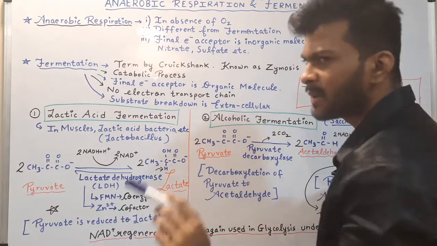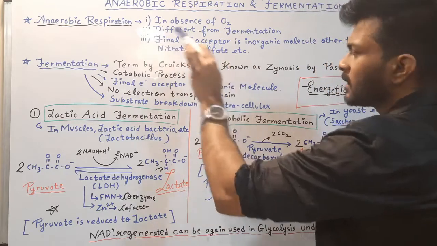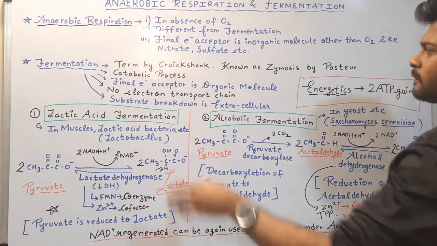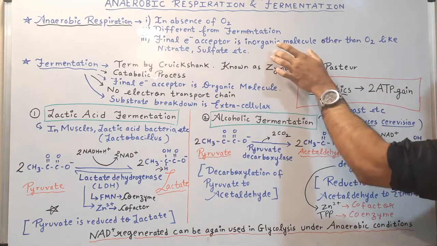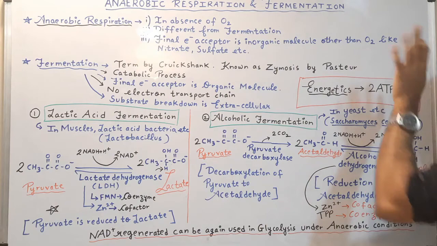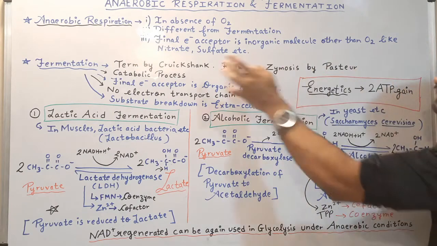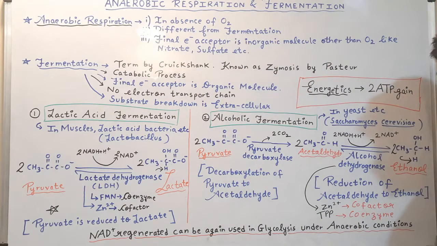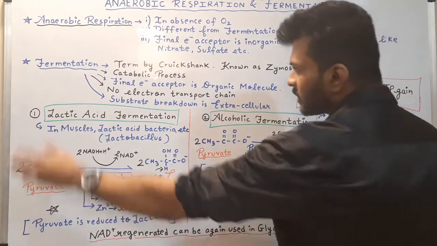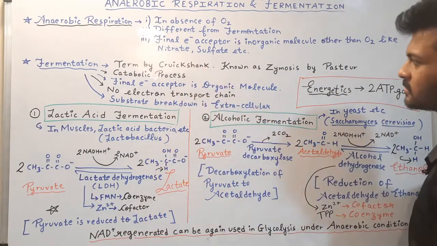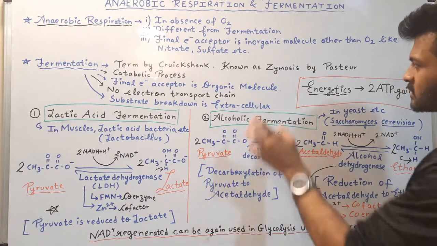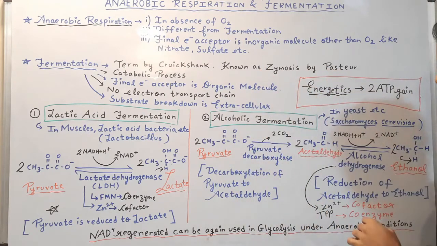This difference is on the basis of terminal electron acceptor. The final or terminal electron acceptor in anaerobic respiration is an inorganic molecule but accept oxygen, like nitrate and sulfate. In fermentation, this term was given by Cruikshank scientist and it is also known as zymosis by Pasteur.